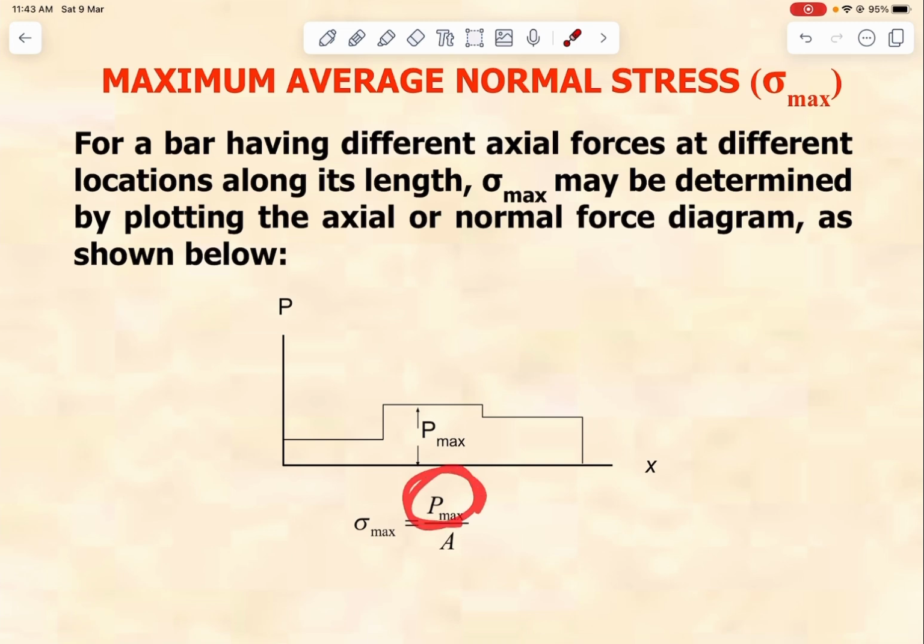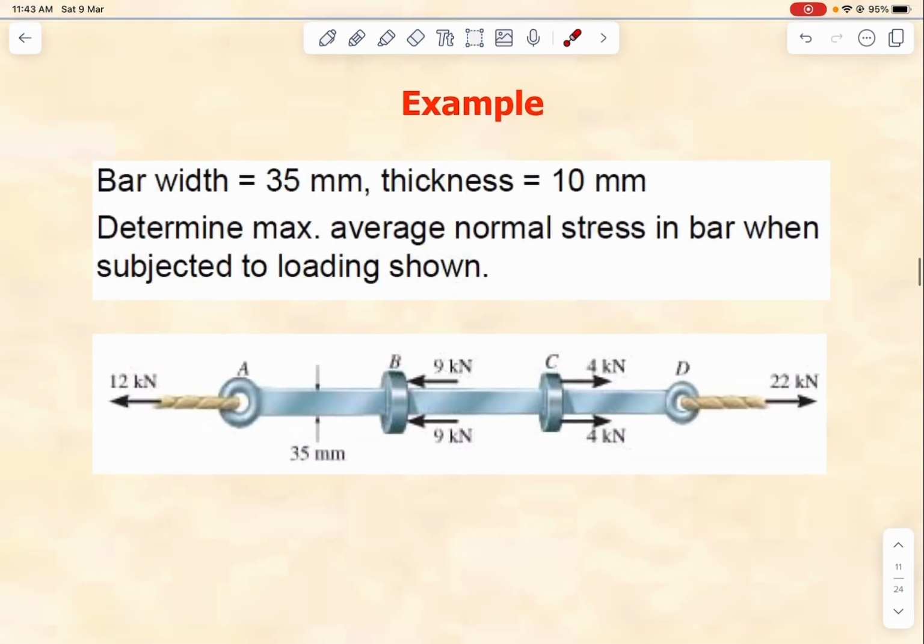I mean, where is the largest force acting, and it will represent for us the largest sigma. So in this example, the bar width is 35 and the thickness is 10. So if I took a cut over here, I'm gonna get this rectangle that has a thickness of 10 and width of 35. That's the meaning of it.